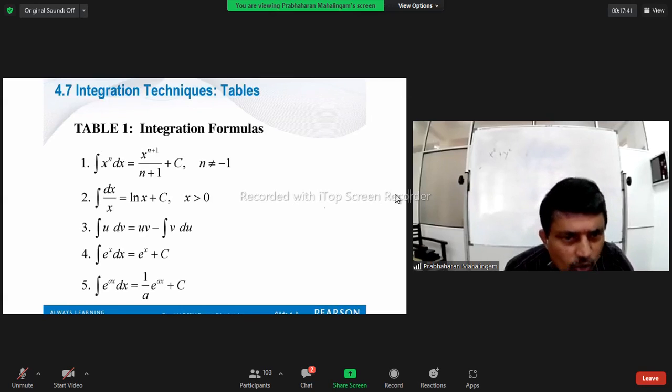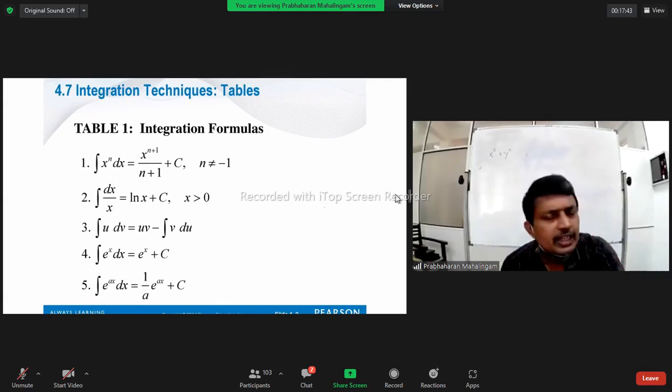We don't know. So in all integration techniques, for the integration answer, we will add plus c. If you don't add plus c, it is not nice, but we will give you marks. If you add plus c, it is very good.